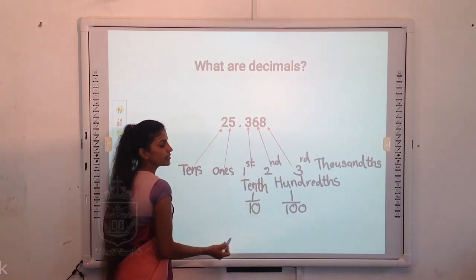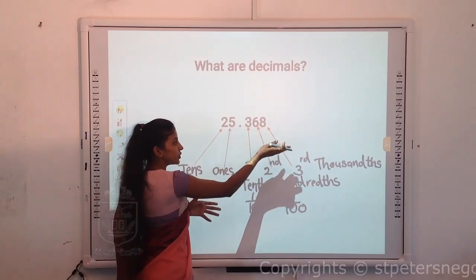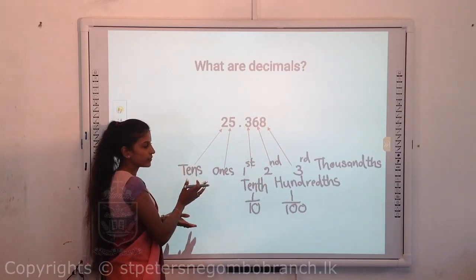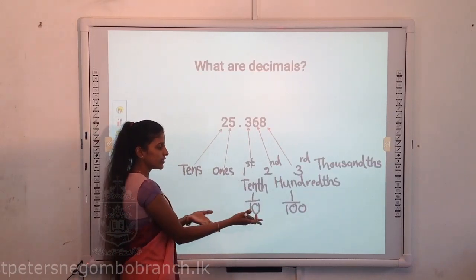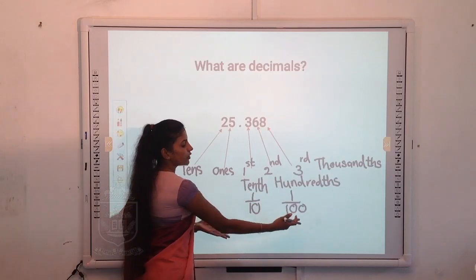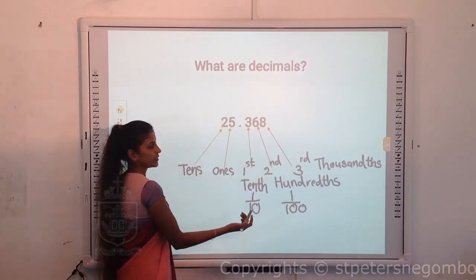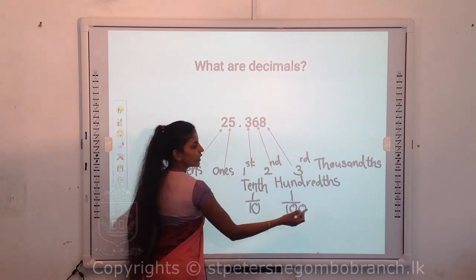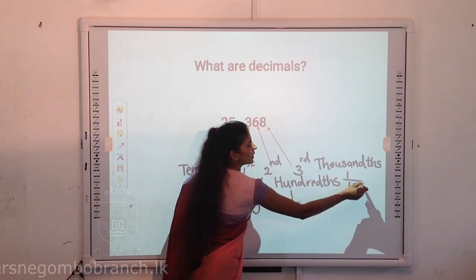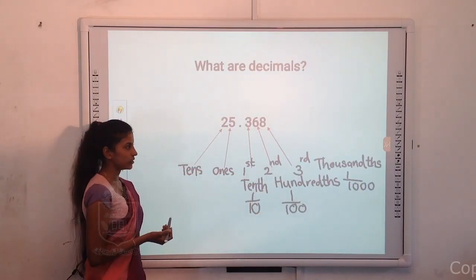Always the numbers to the right side take smaller values. These are large values. Since it is decreasing, we write it as a fraction in the form of a power of 10. The thousandth place, the third decimal place, we denote as 1 over 1000, since you have three decimal places.